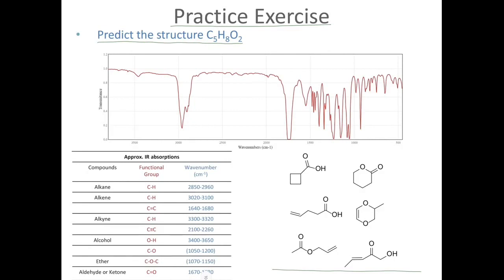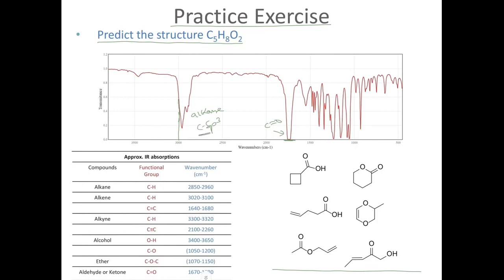Now, by looking at the spectrum, we can tell that there is a carbonyl because of the intense peak at around 1,700. If we draw a straight line at 3,000, we can tell that there is no alkene or alkyne, because what we see implies that there is only sp3 hybridized carbon.